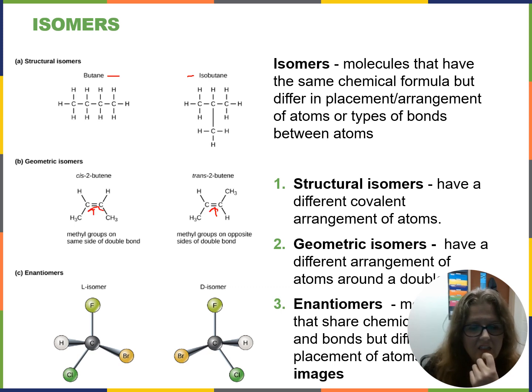And then enantiomers. Oh, my brain is not working now. I'm not too worried about you knowing, don't memorize all these, just understand that molecules can have the same chemical formula, but their arrangement's going to be different, which is going to have them interact differently.